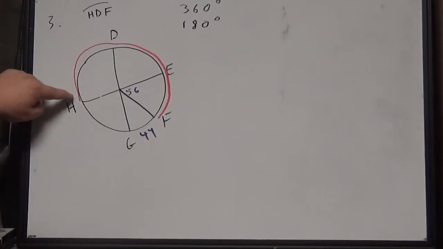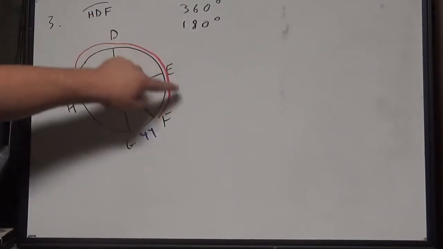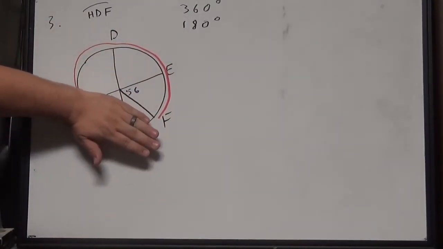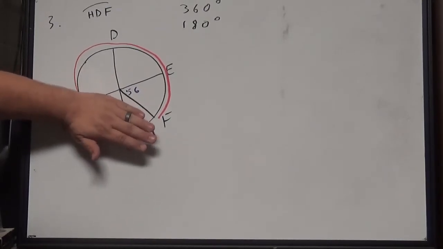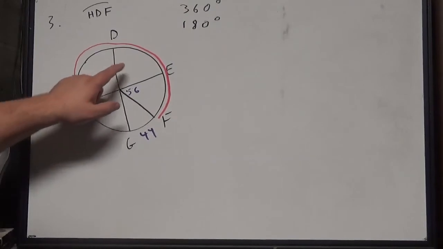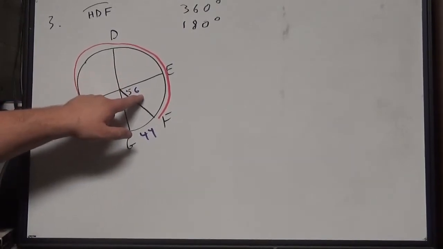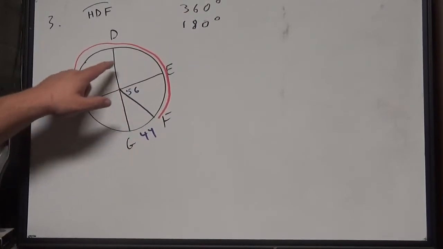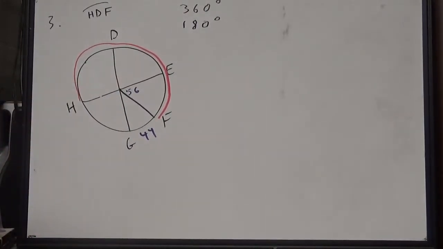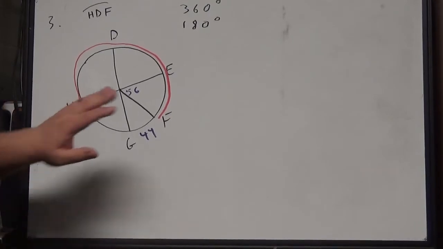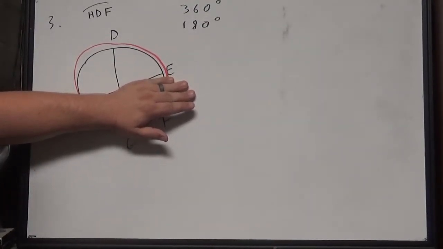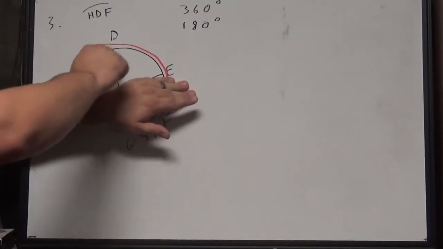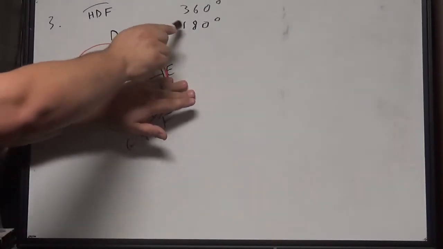We only want to go from H to F, so we want this segment. So pretend this part doesn't exist. We don't need to know this part. We only need to know the part that's outlined in red. So we need these 2 segments. We know we have a 56, so what are these 2 segments? Well, we could identify with the rule of 180 that half of a circle is 180 degrees.